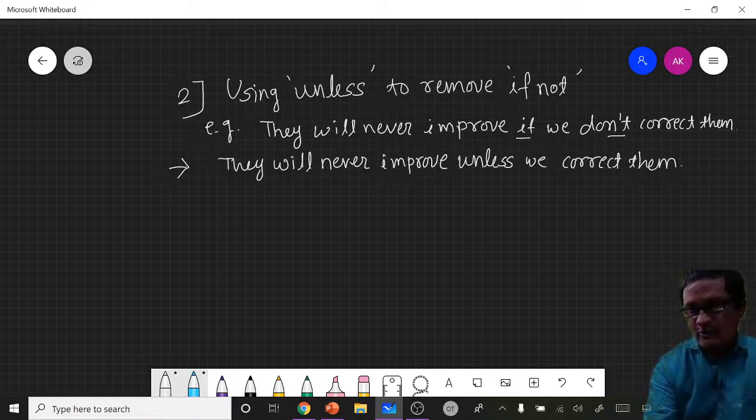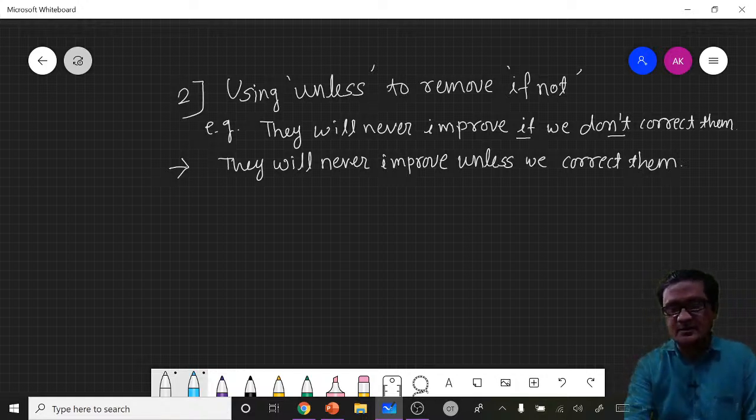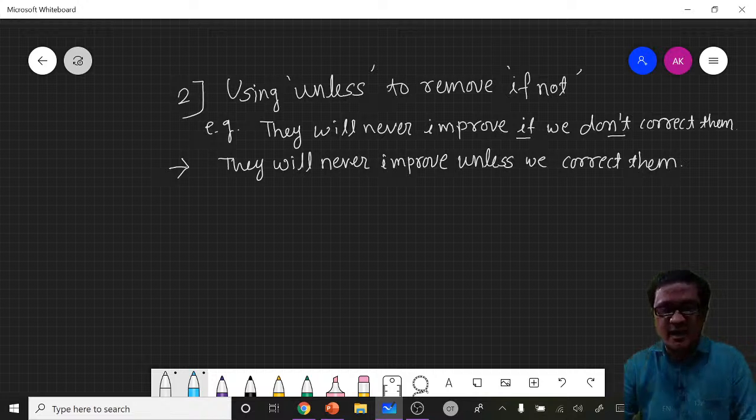Here I have omitted one word of negation. What was in the previous sentence? Don't. And I have deleted that word of negation by using unless. Hence you find that this is an affirmative sentence.